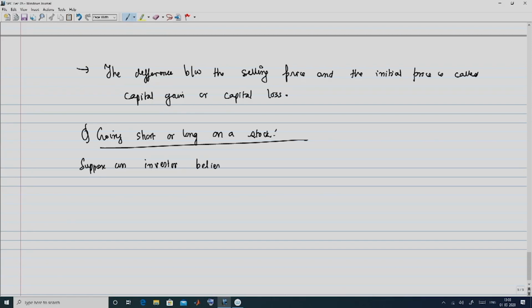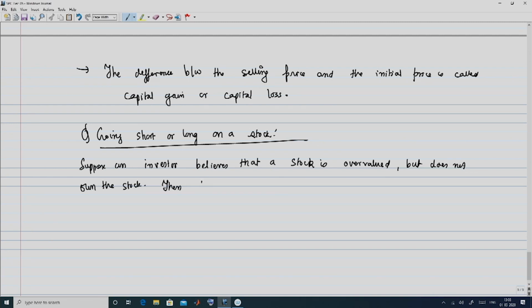Suppose that an investor believes that a stock is overvalued, that means its price is higher than it should be, but does not own the stock.